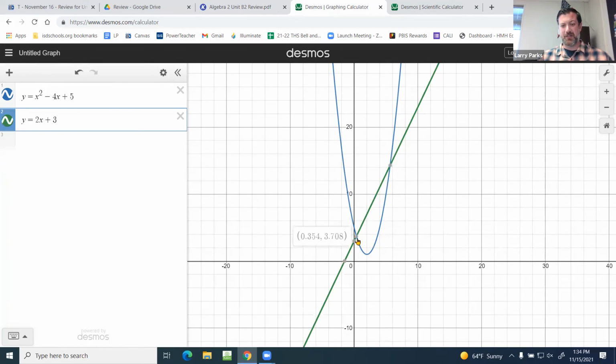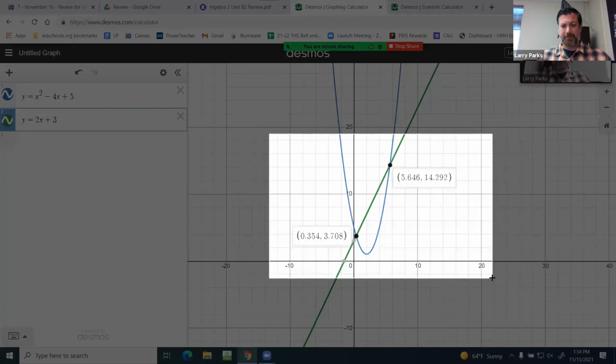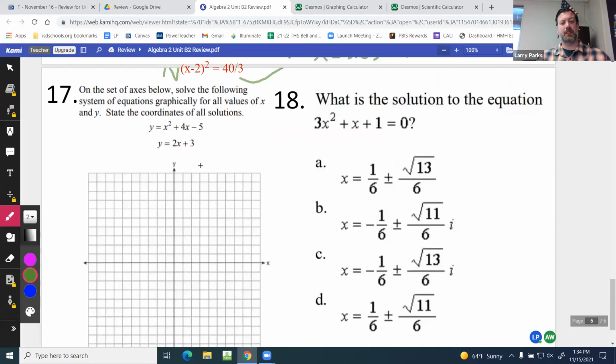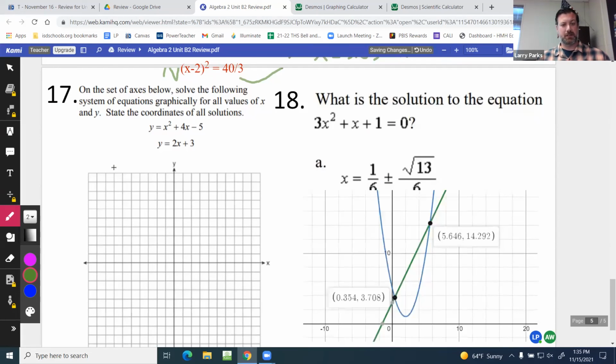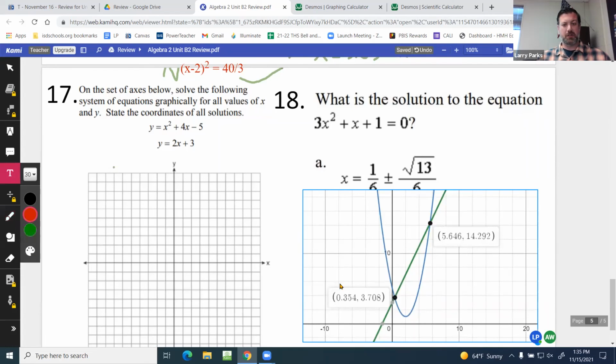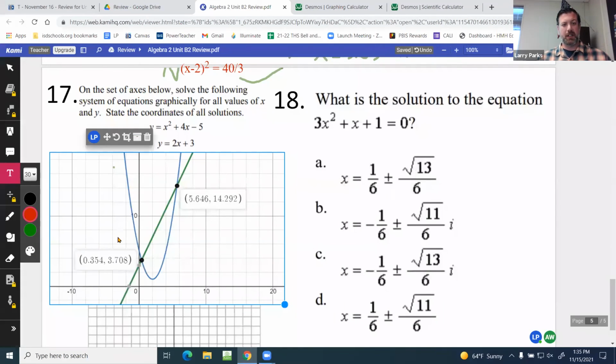What are the solutions? We got here and here. There we go. And then I would just list both coordinates as my solutions. It's that easy. Okay.